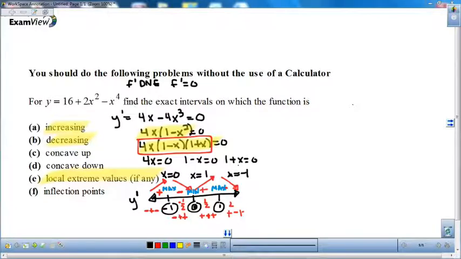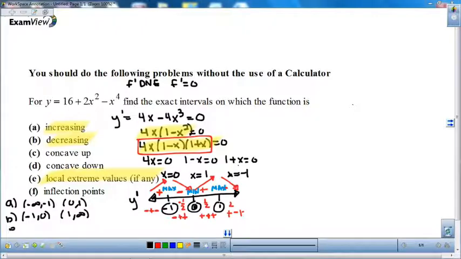For part A, it asks when is it increasing? It is increasing in the intervals negative infinity to negative 1 and 0 to 1. Part B asks where is it decreasing? It is decreasing between negative 1 and 0 and 1 and infinity.